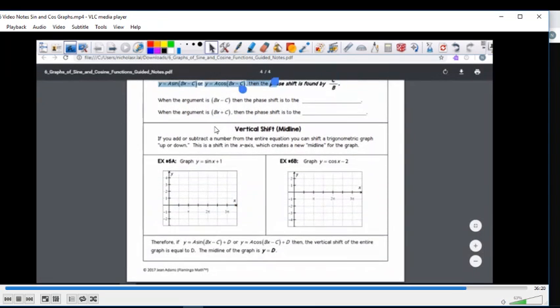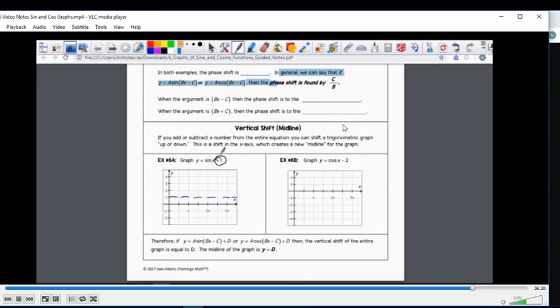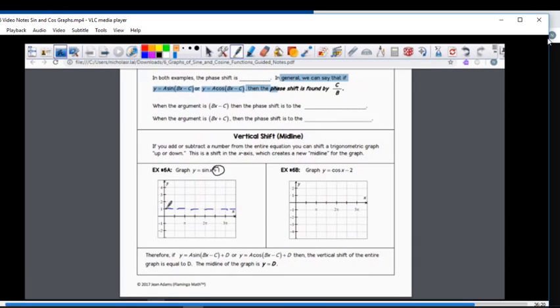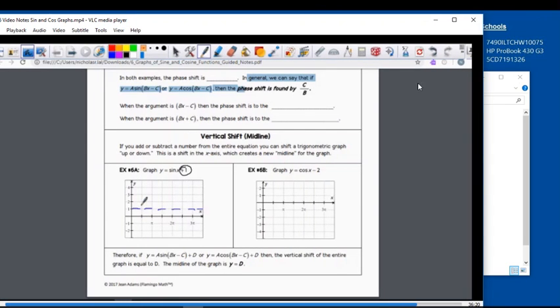When the argument is bx minus c, the phase shift should be to the... Oh, I guess I missed that on my original one, but that's fine. I can redo that now.